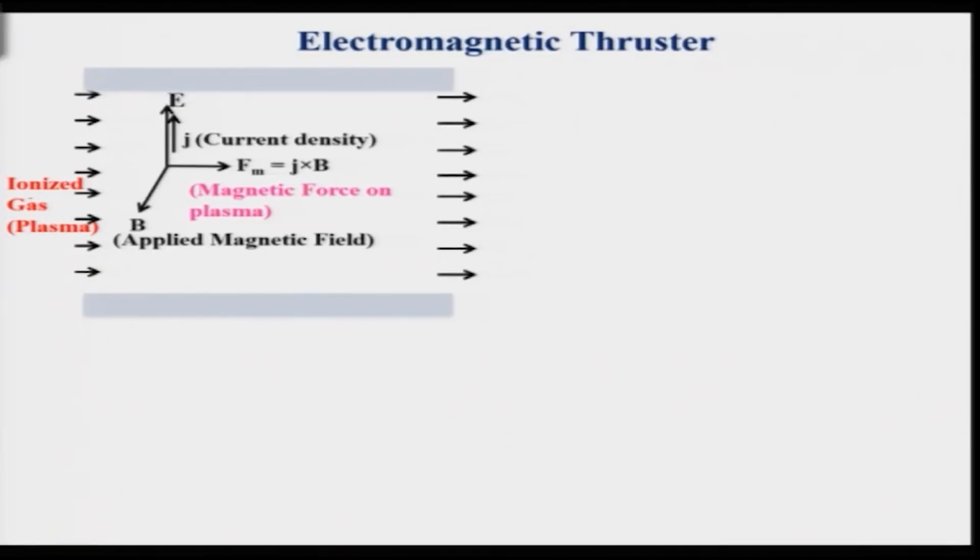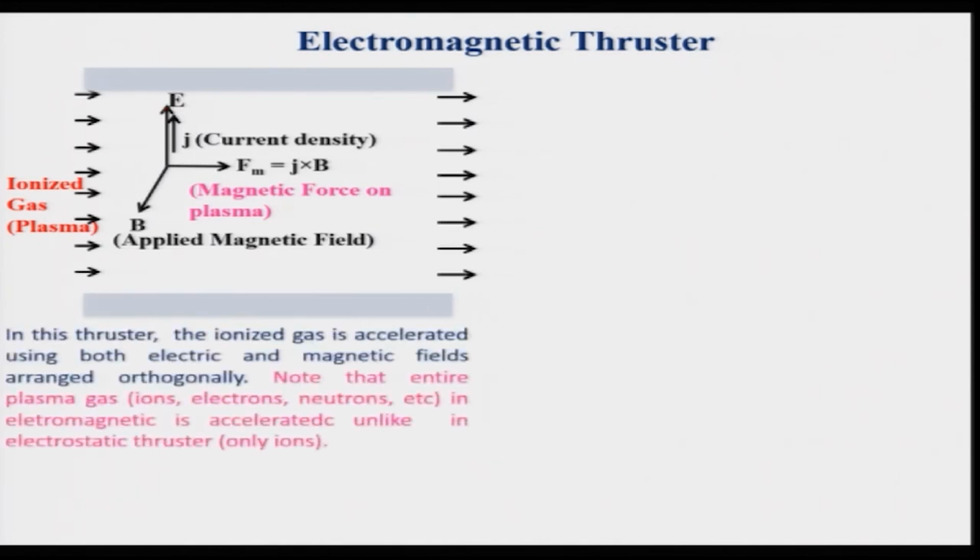When this ionized gas, that is plasma, which contains everything like ions, electrons and neutrals, is passing through, it is subjected to an electrical field and also a magnetic field.